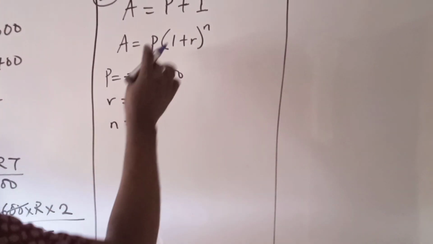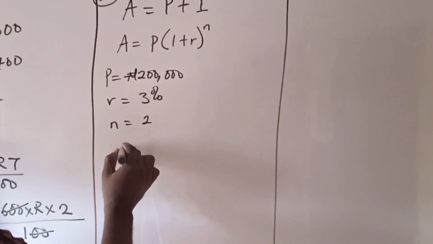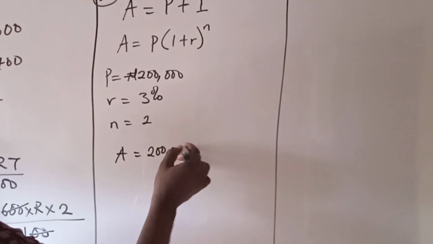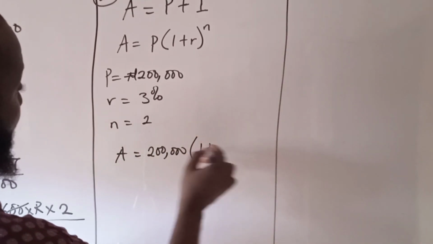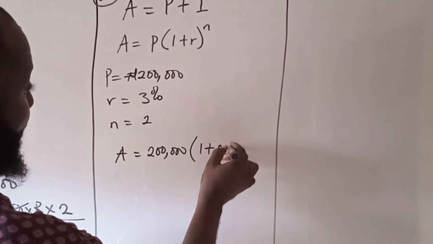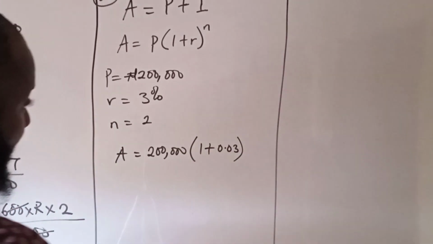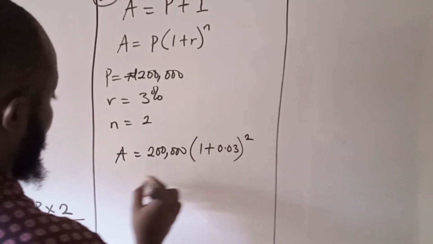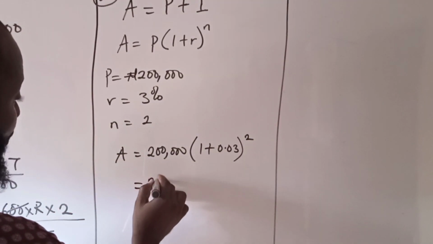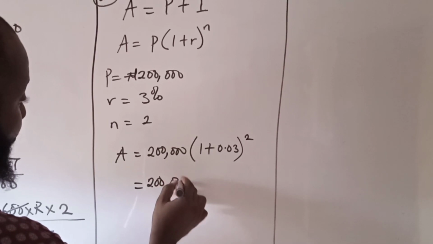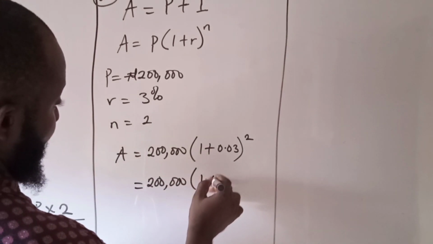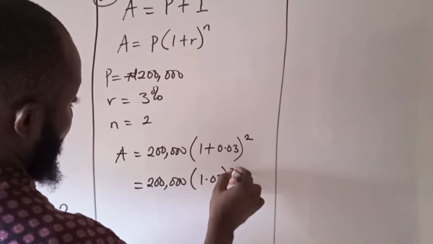So in this case, we're going to have amount, which is 200,000 into bracket 1 plus 3%, which is 0.03, that is 3 divided by 100, raised to the power 2. So we have 200,000 into brackets 1.03 squared.